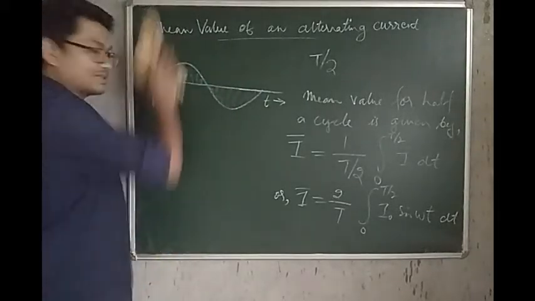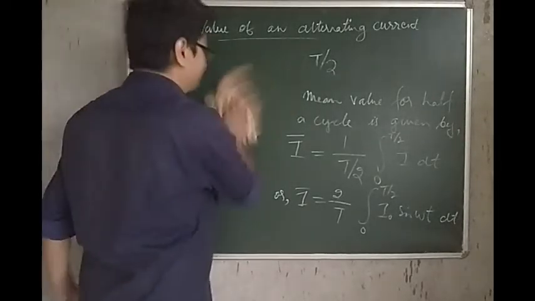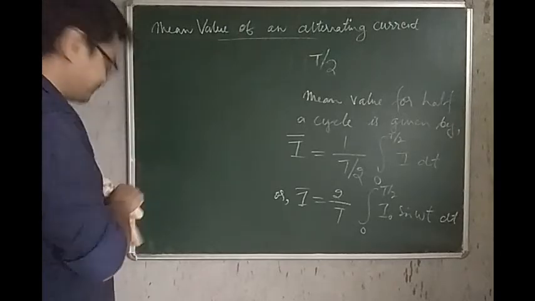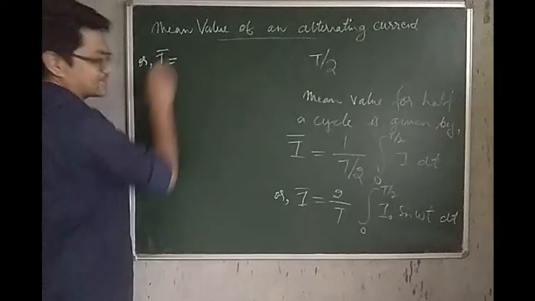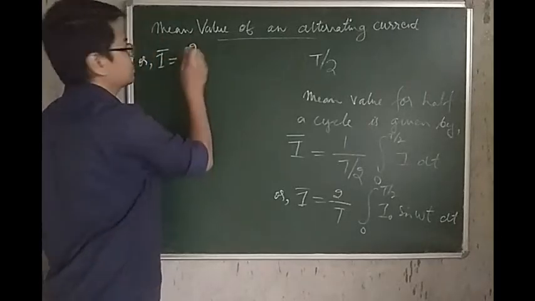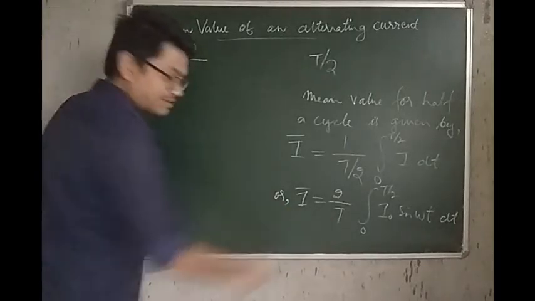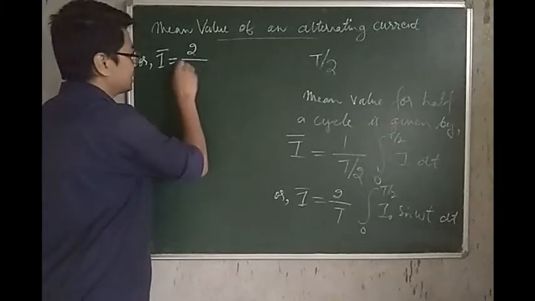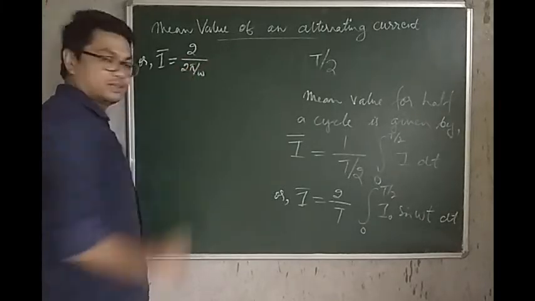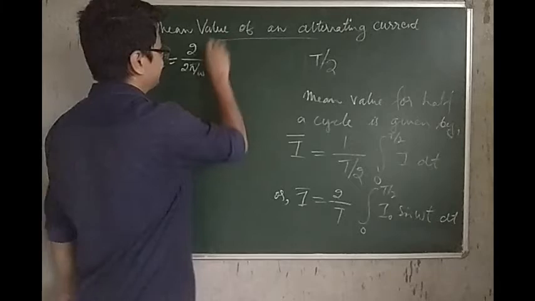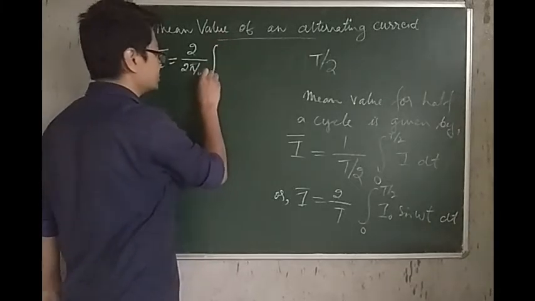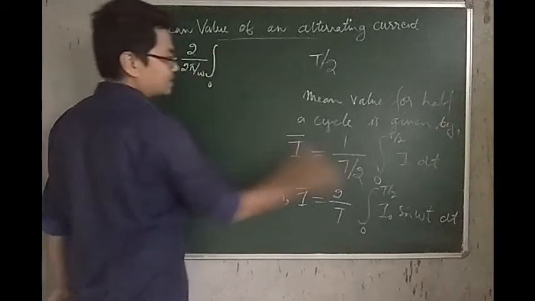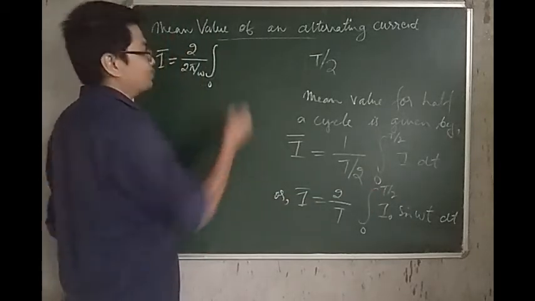So let me erase this picture now. So I bar is equal to 2 upon, instead of T we can write 2 pi by omega, because T is 2 pi by omega, integral from 0 to, again, 2 pi by omega.